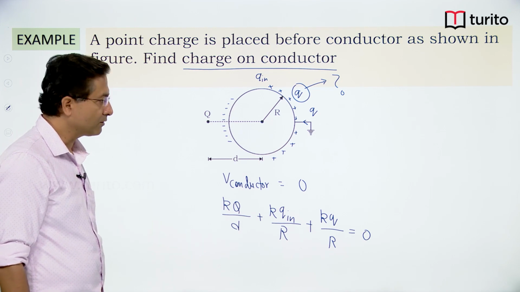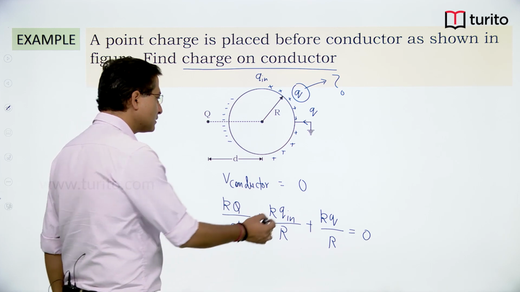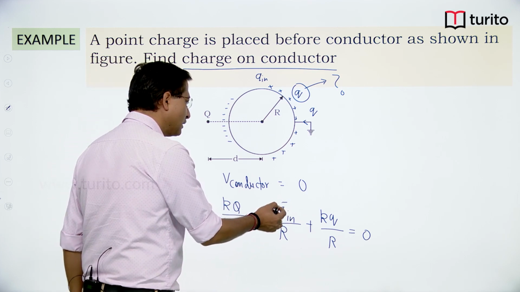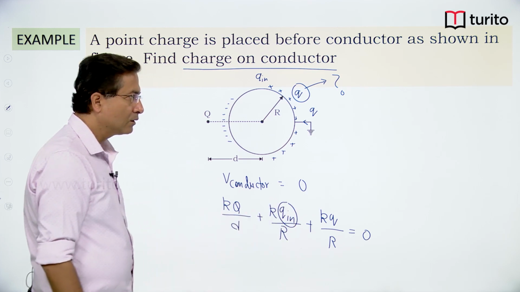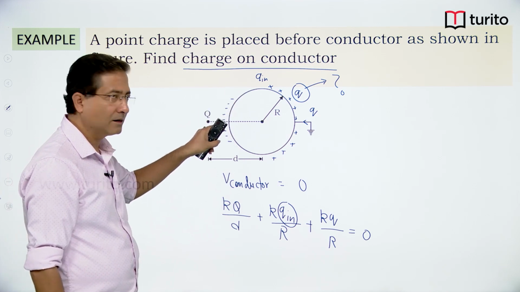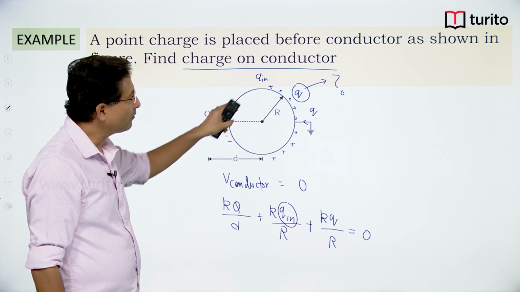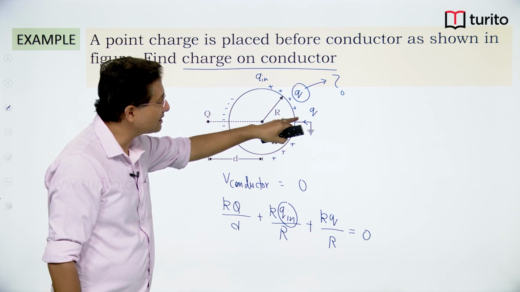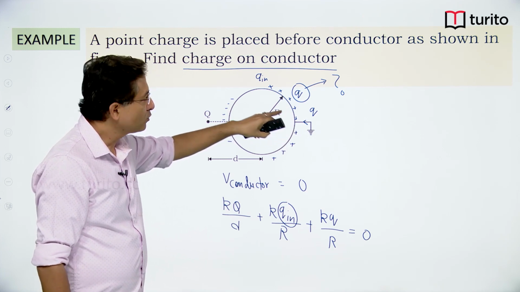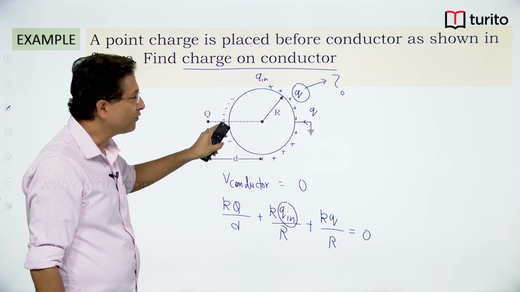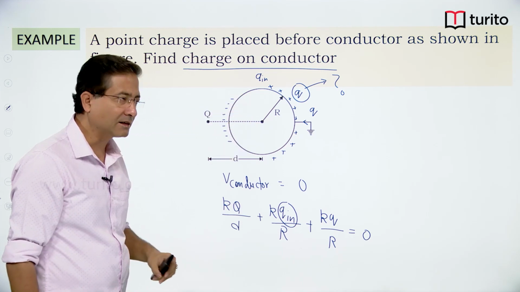So I need to simplify this one. Now this q, whatever be the minus coming, same amount of plus will come, then this additional charge q came. So induced charge effect will get cancelled out at the center.